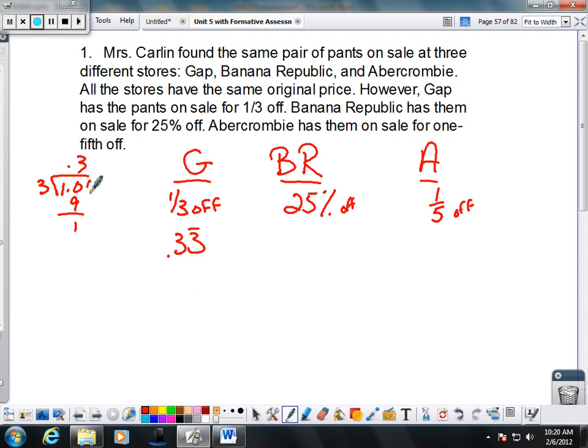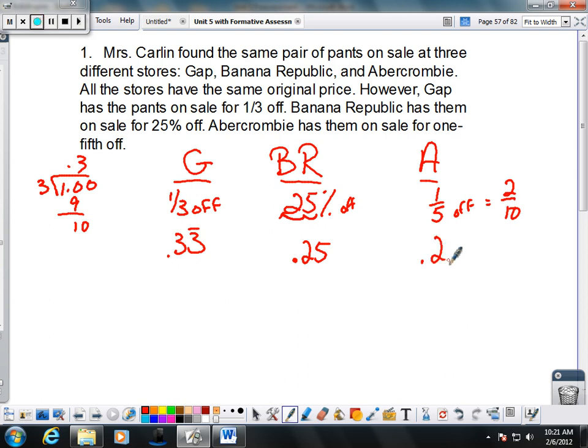You can kind of see where I'm going with this, right? I know that 25%, since we just learned to convert from a percent to a decimal, all I have to do is move the decimal 2 places to the left, and I get 0.25. And I know that 1/5 is equivalent to 2/10, which is 0.2.